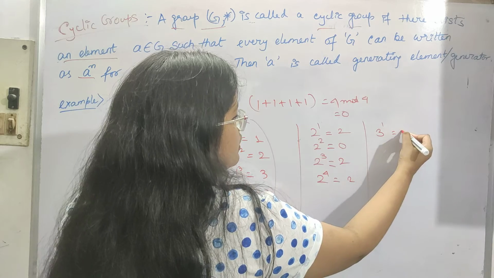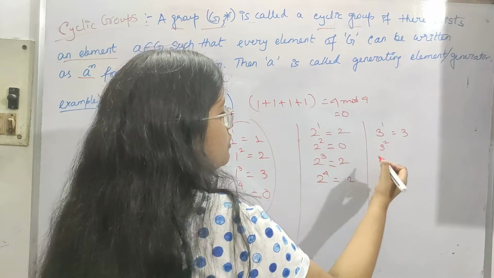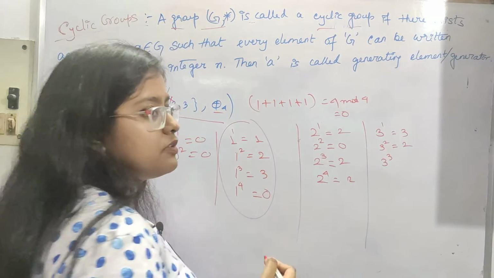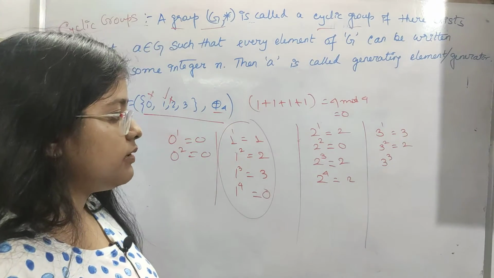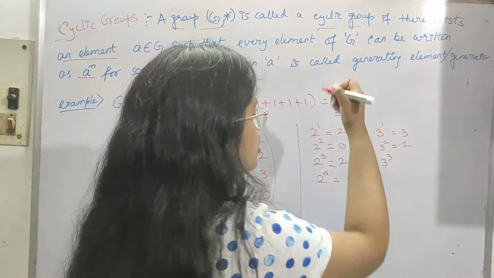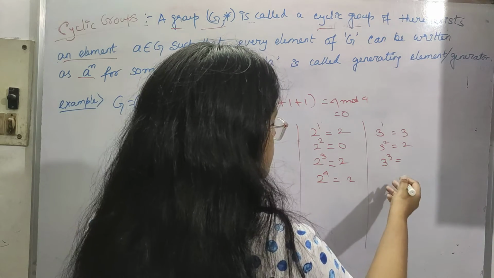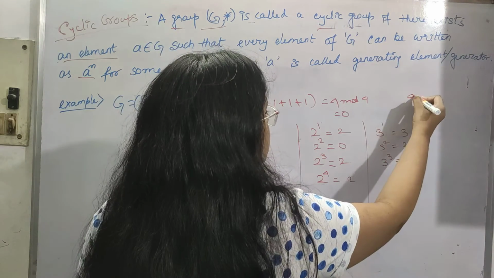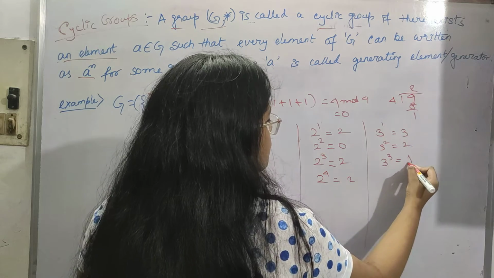3 to the power 1 is 3. 3 to the power 2 is 3 plus 3 is 6, 6 modulus 4 is 2. 3 to the power 3 is 3 added 3 times, which is 9, and 9 modulo 4: 4 twos are 8, 1 is remaining, so 1.